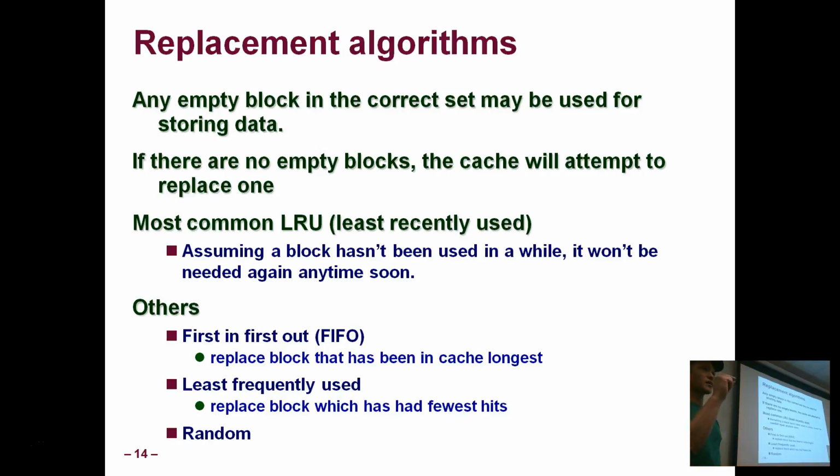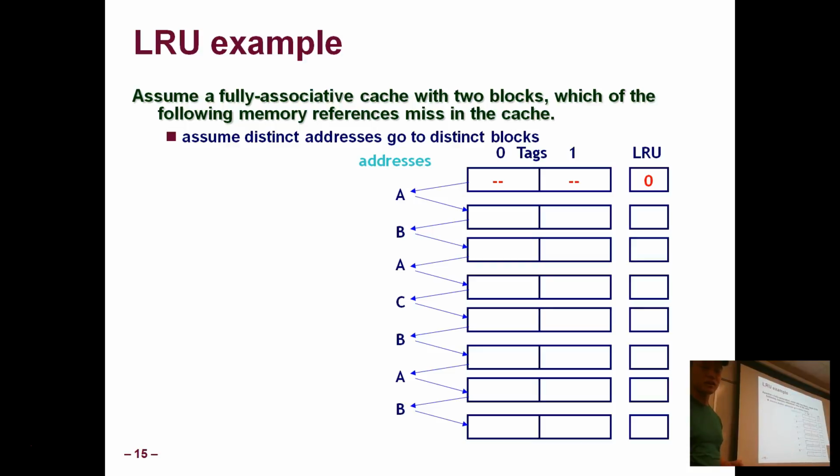Figure out the block that is the most stale in terms of access, and then you evict that one. That's the most common one in caches. But there are others. You could evict the first one that came in. You could do a least frequently used if you're trying to count the frequency of hits to that entry, or you could do completely random. Each one of these is valid.